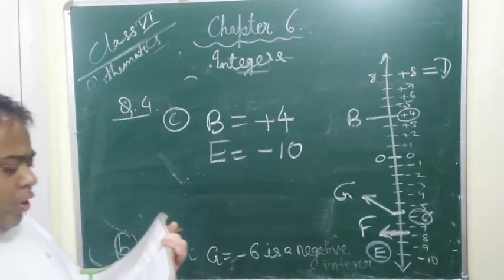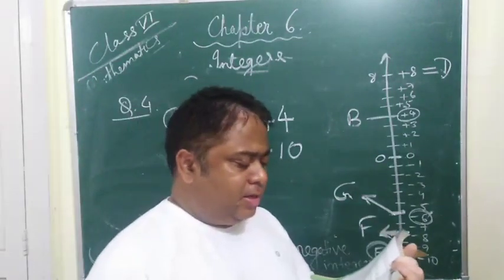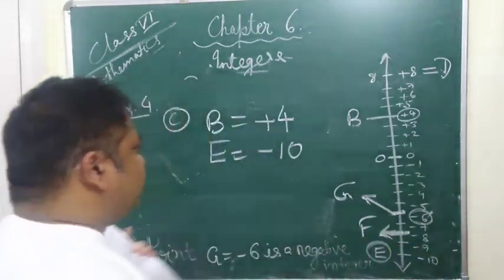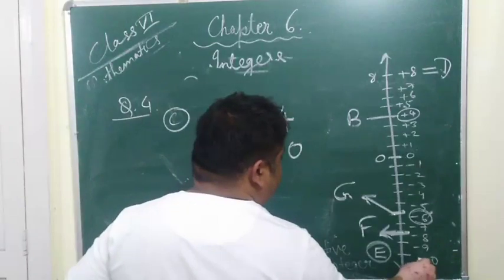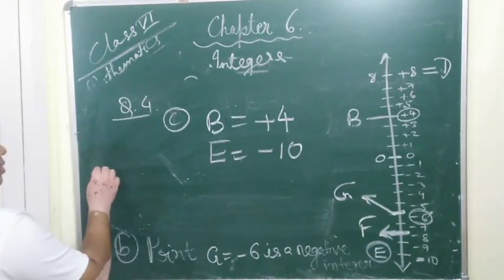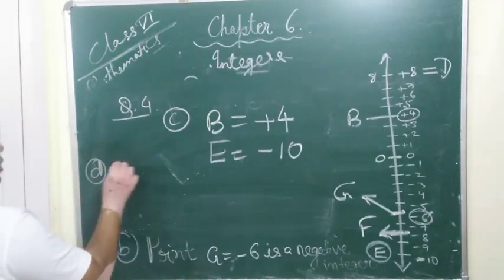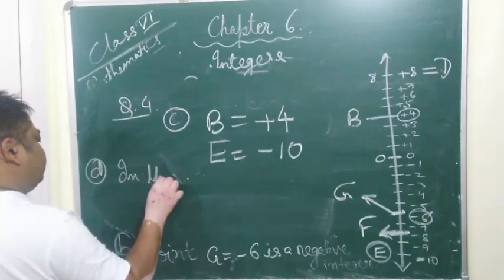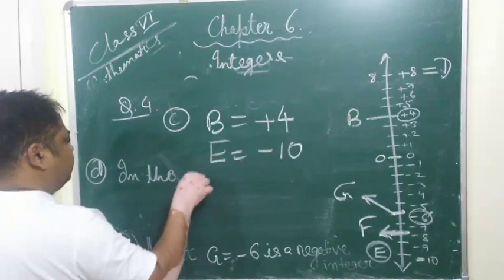Next, which point on this number line has the least value? E has the least value. Minus 10 is the least. So we'll write E in the given number line.